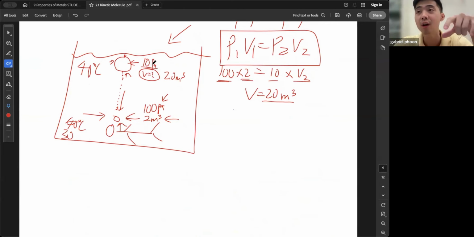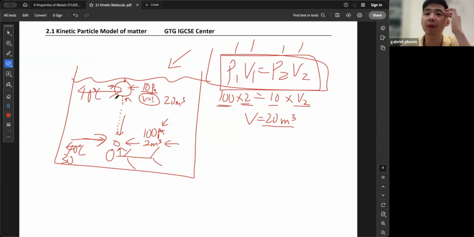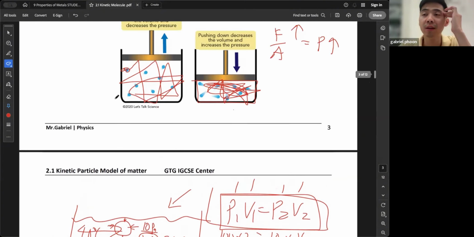This formula cannot work. So you know how the question will test you instead? In order for you to use this formula, what must be true? The question will say that this temperature and this temperature must be the same in order for me to use Boyle's law formula. Make sense? Okay, copy reading now.